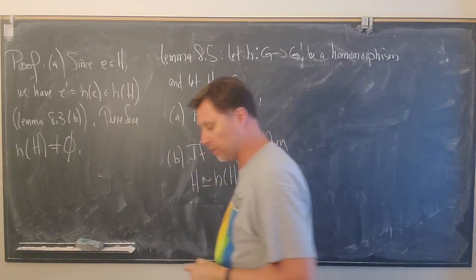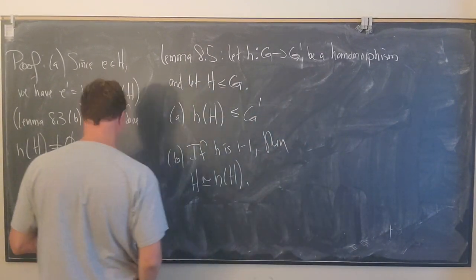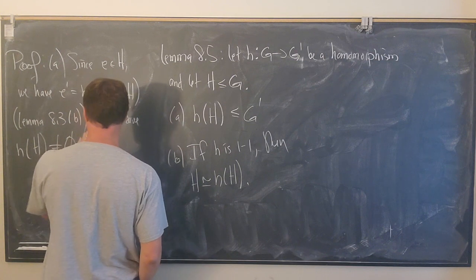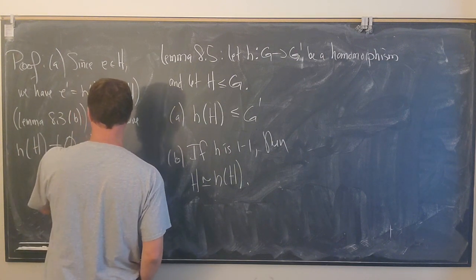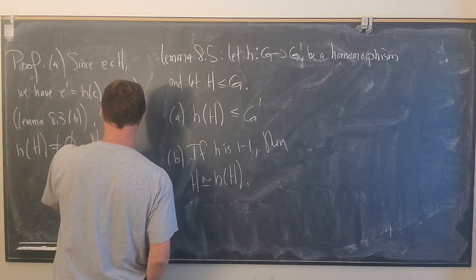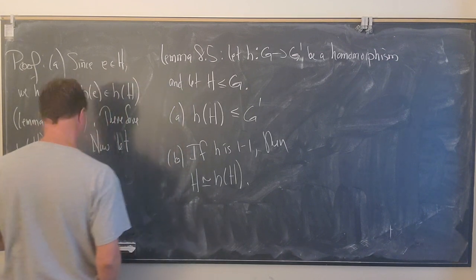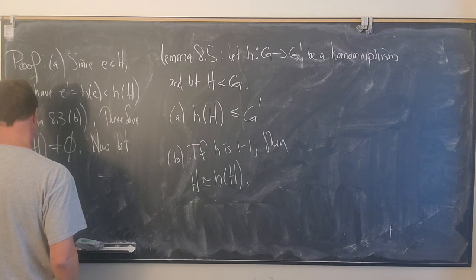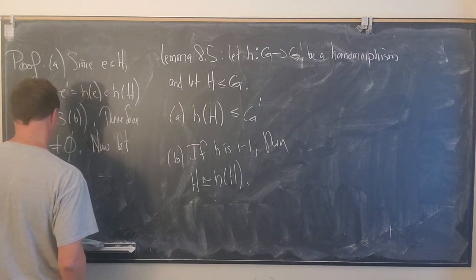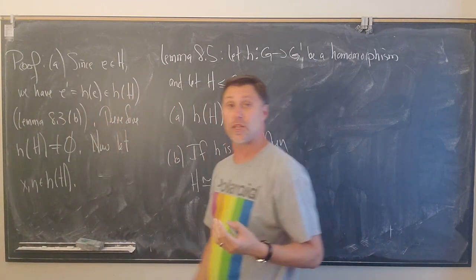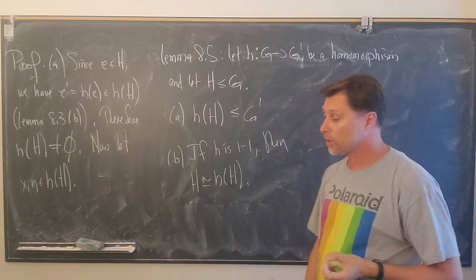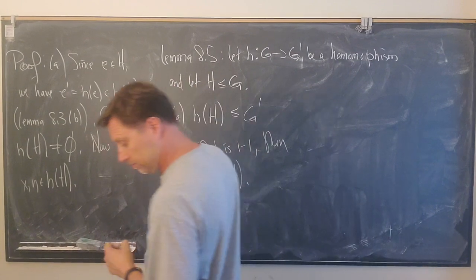I'm going to choose a couple of elements in h of H. So let x and y be in h of capital H. I need to show that h of capital H is closed under both multiplication and inverses.